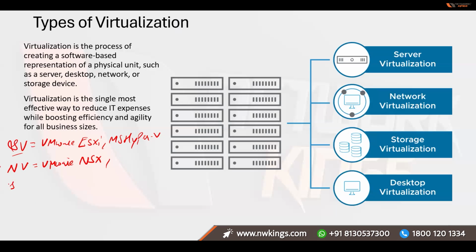Then if we talk about storage virtualization, storage virtualization abstracts physical storage devices into logical pools, which makes it easier to manage and utilize storage resources. Okay, so VMware has its product as VMware vSAN. In the market, Dell is also there, which provides storage virtualization.